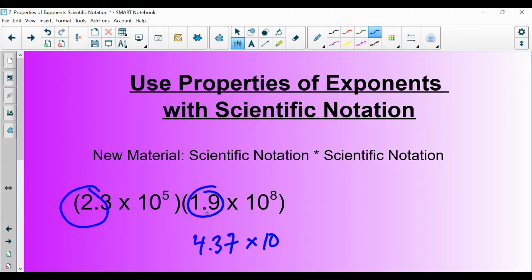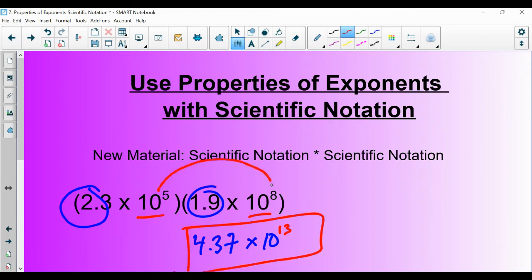So you'd multiply those numbers together, and then for their exponents, you would multiply these together as well. And remember, when you multiply with the same base, these are both base 10, when you multiply with the same base, you add their exponents. So this would be 4.37 times 10 to the 13th power. We got the 13 because we added those things together.